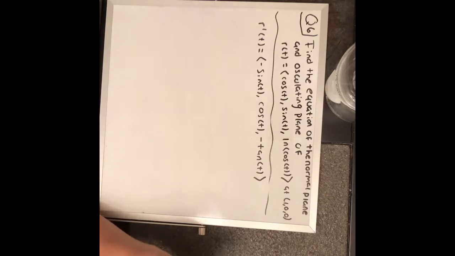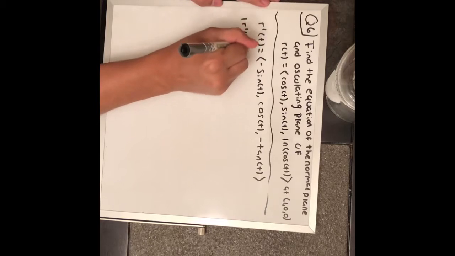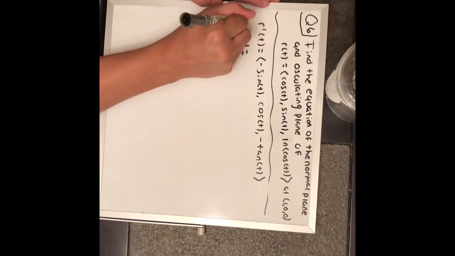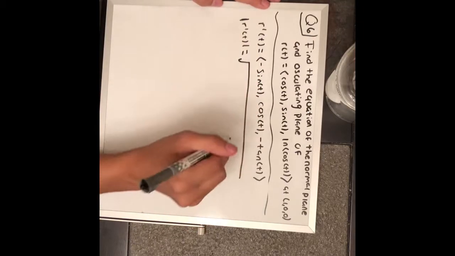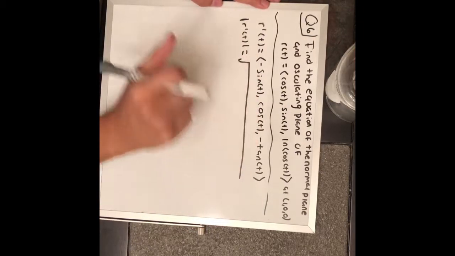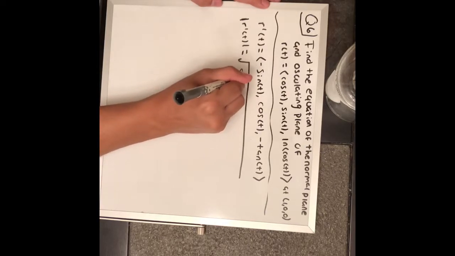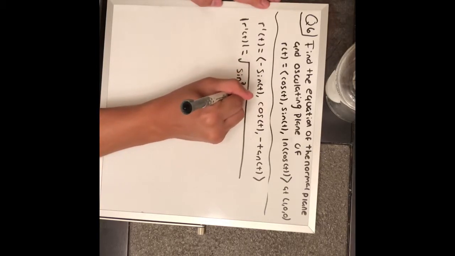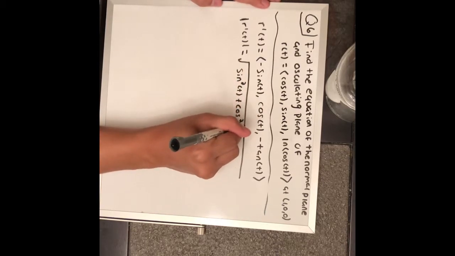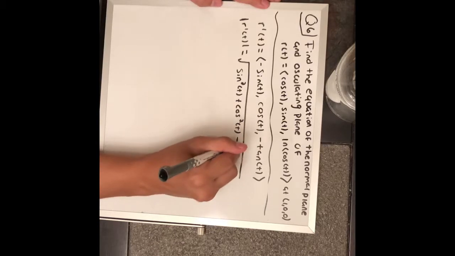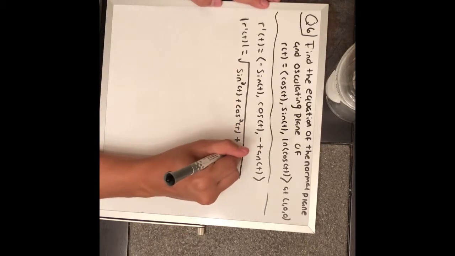So next thing we need is the magnitude of r prime of t. To find this magnitude, we're going to have to take the square root of all this squared. So negative sine squared is just positive sine squared, plus cosine squared, plus tangent squared, because negative tangent squared is positive tangent squared.